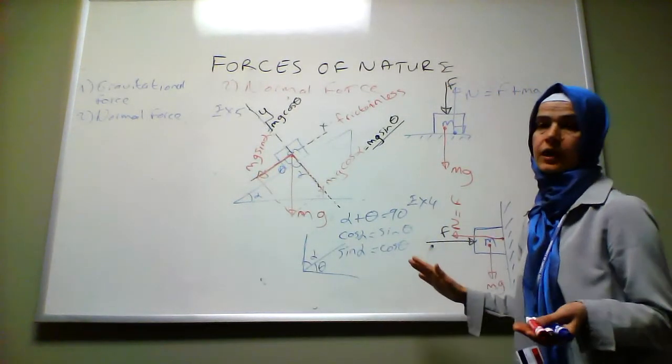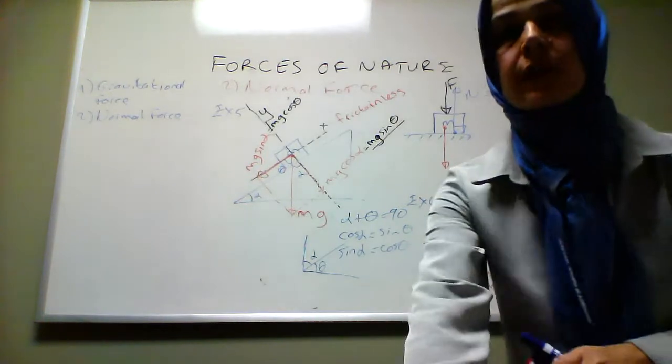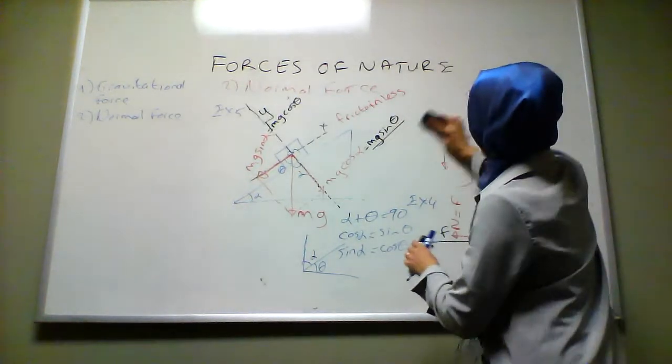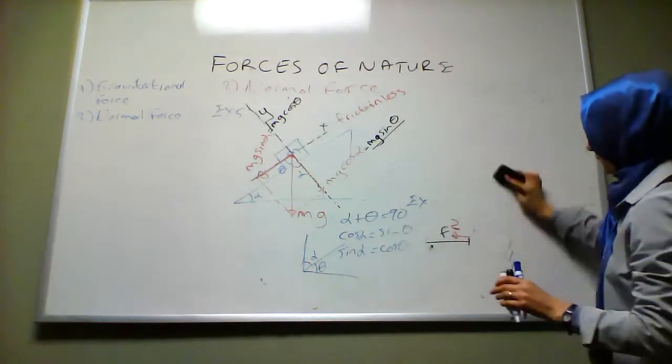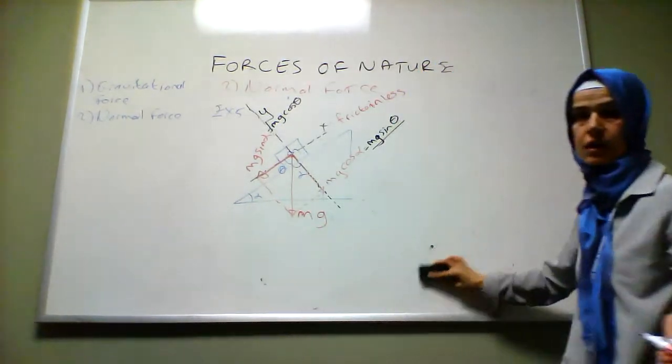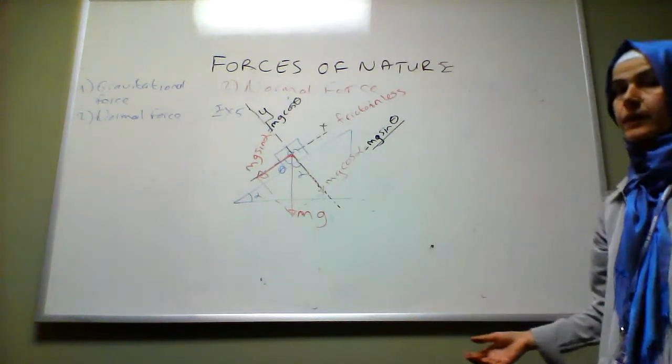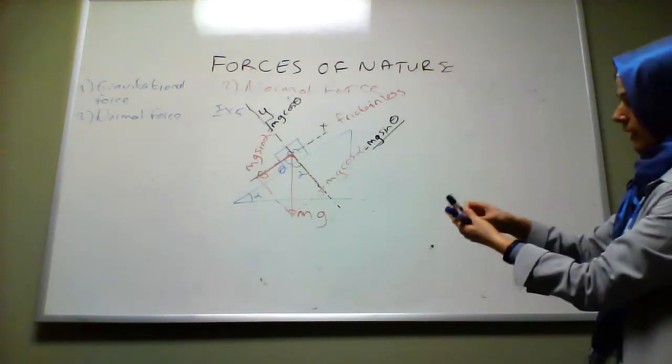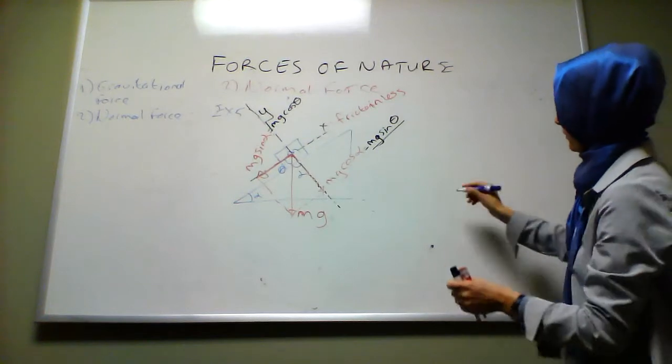So this is what we're going to do if we have an object on an inclined surface. Now I am leaving this in there so as not to complicate it too much. So we have our coordinate system. We don't always have to draw this coordinate system. Only at the beginning I'm showing it to you to help you understand what we are doing here.